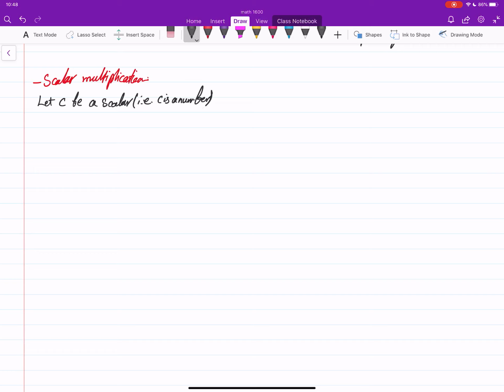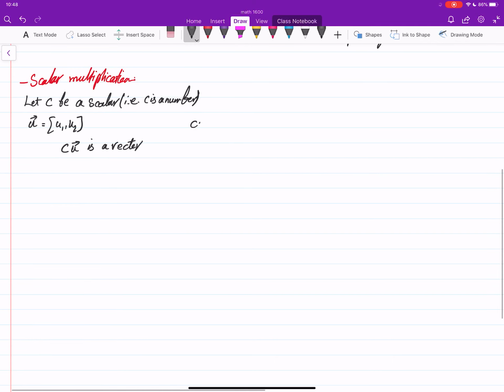It's just one number. And let u be the vector [u1, u2]. Then cu is a vector, the scalar multiplication of u by c, which algebraically is given by this. It's a vector, so I need to use the square bracket, and you multiply c to the first component, c to the second component. That's what algebraically the scalar multiplication means.